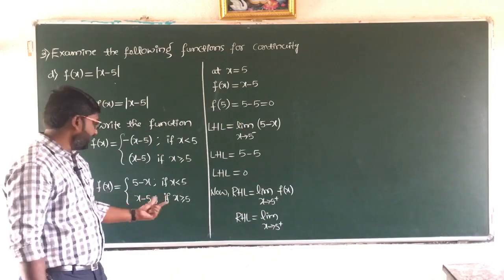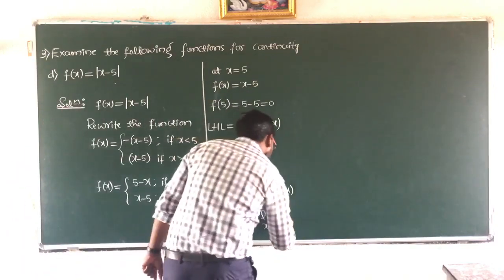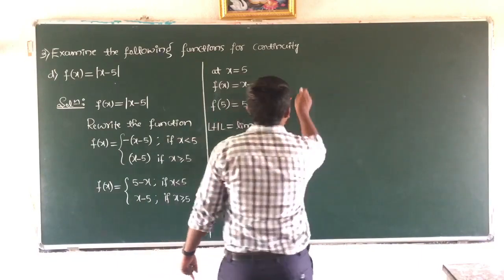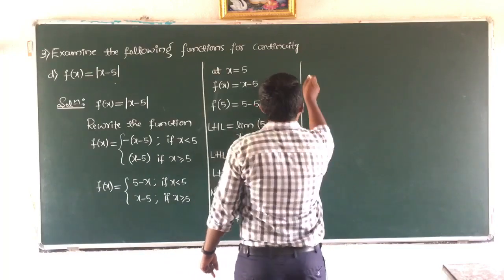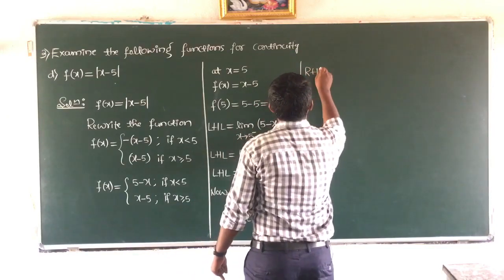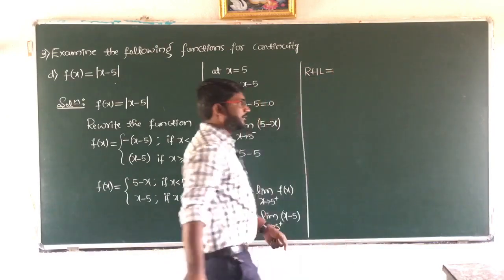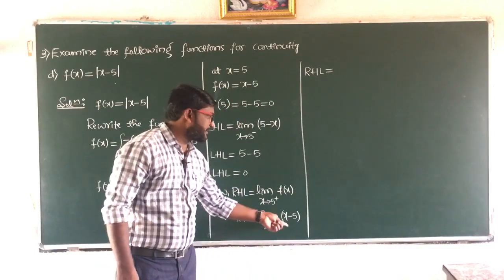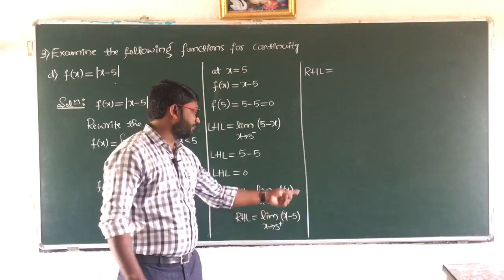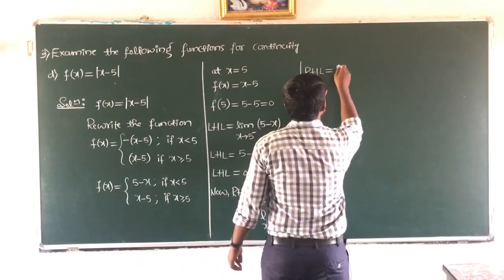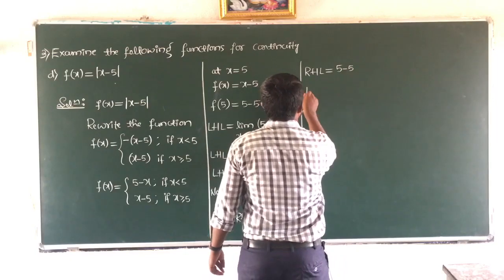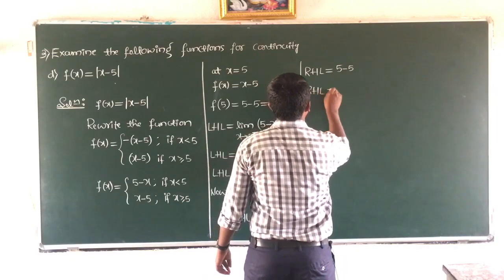For 5 plus it is x minus 5. So now see here, RHL is equal to, apply the limit now. In place of x I have to write 5. 5 plus is almost equal to 5, so 5 minus 5. So RHL is equal to 0.